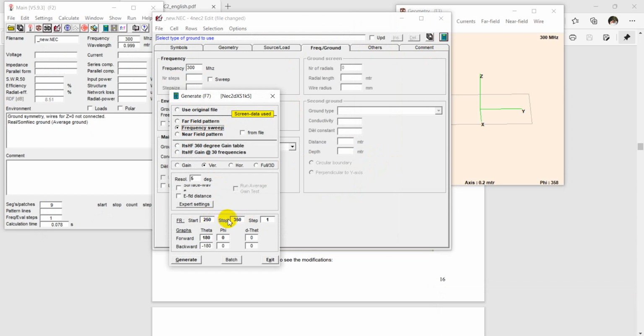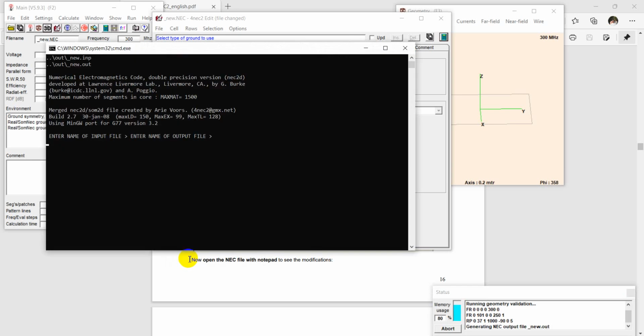My record frequency is 300 megahertz. Now I can take the lower limit as 250 and the upper limit as 351, and theta is 60 degrees, and phi is 0 degrees according to my far field pattern. Now we can generate and wait for the output.